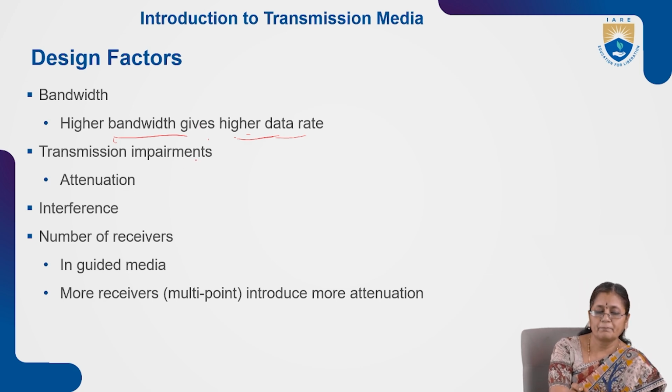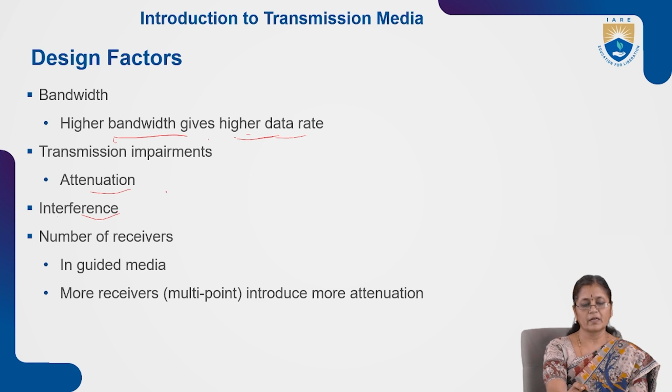Then transmission impairments. Transmission impairments are nothing but attenuation. Then interference also occurs because of electromagnetic waves.